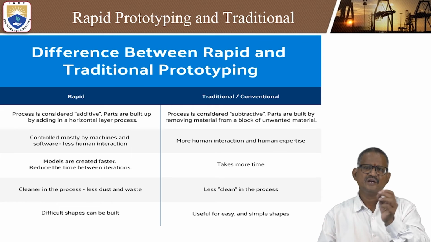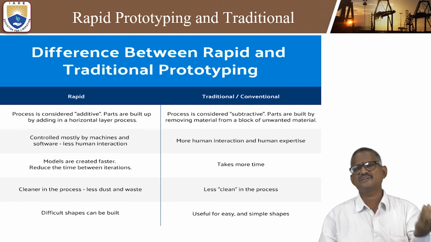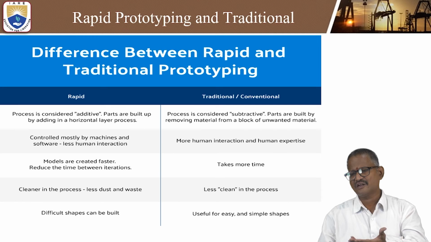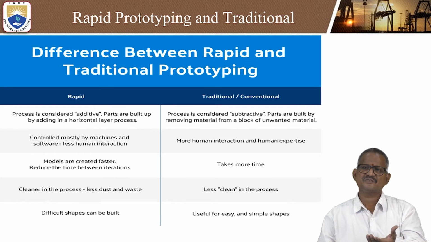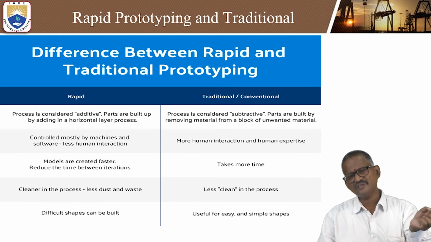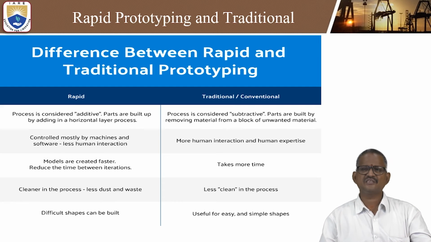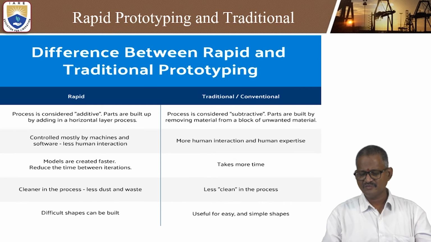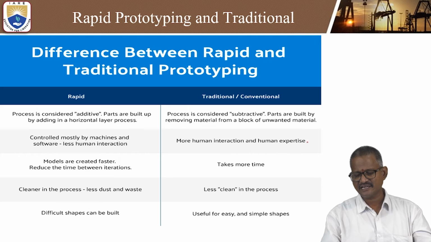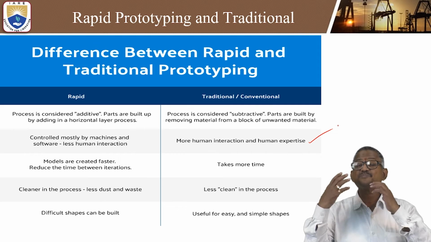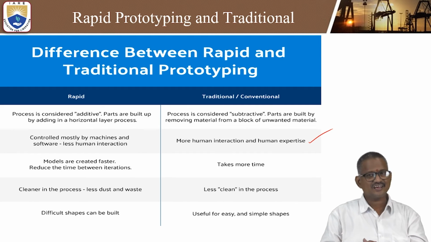Parts are built by removing metal from a block of unwanted material. That is even the metal machining process. In a lathe also, extra material is removed. And one more important thing, more human interaction and human expertise is required for the traditional or conventional one.